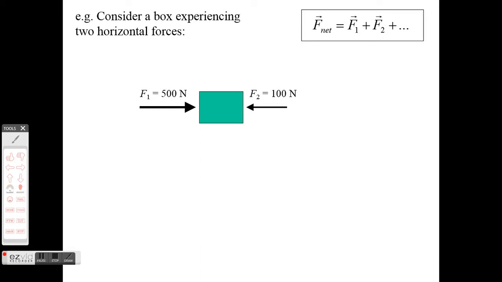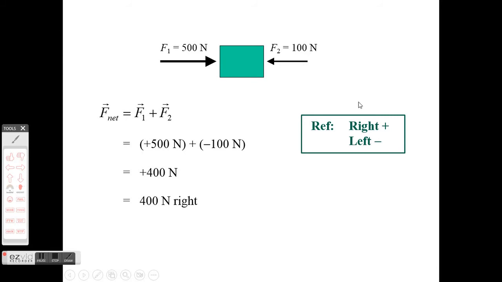And the net force then is going to be force 1 plus force 2. Again, they're opposite directions. We assume right is positive, left is negative. We've got force 1 is plus 500 newtons, plus negative 100 newtons. And we're left with a 400 newton net force to the right.